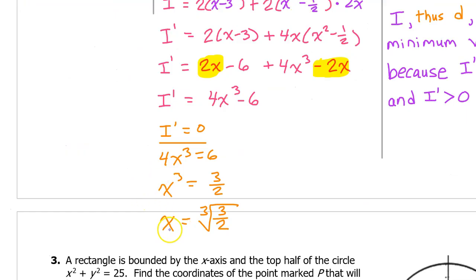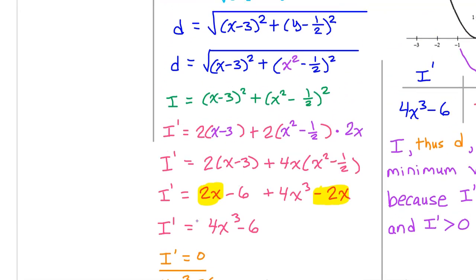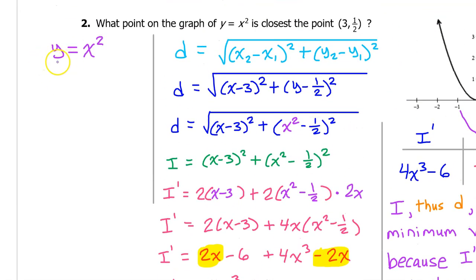So we found the x-coordinate that minimizes the distance, but don't forget about the y-coordinate. Let's find y at x equals the cube root of 3 over 2. Actually, let's rewrite this as 3 over 2 to the 1/3 power, which means the same thing as cube root.